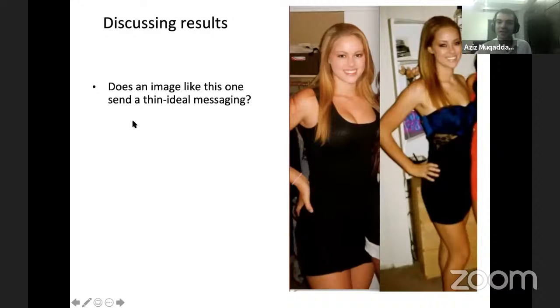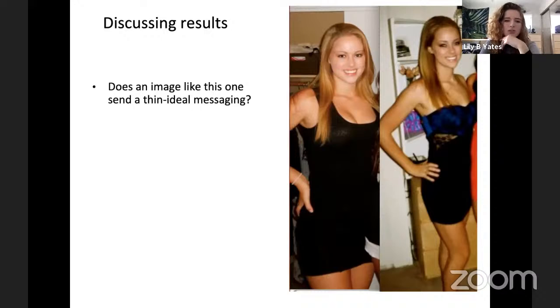And so now, let's do some practice. If you remember the coding categories, there's an image like this one. Does it send a thin ideal messaging, according to the coding scheme we showed? Yes, because it includes a before and after.